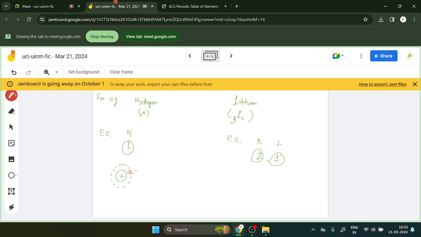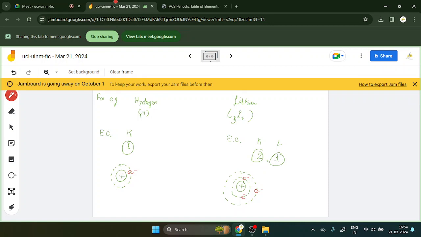For lithium, the nucleus has 2 shells. Obviously it is looking bigger. Two electrons are here and one is in the outermost shell. Clear?